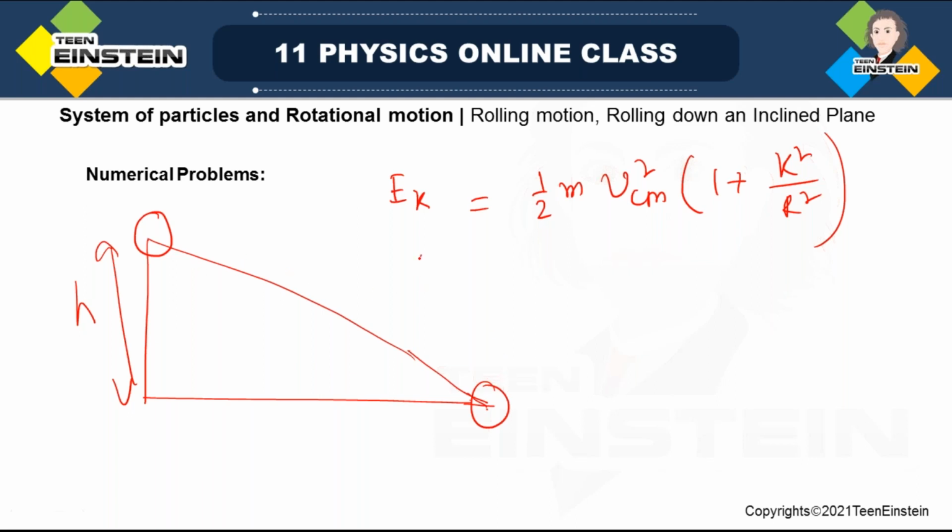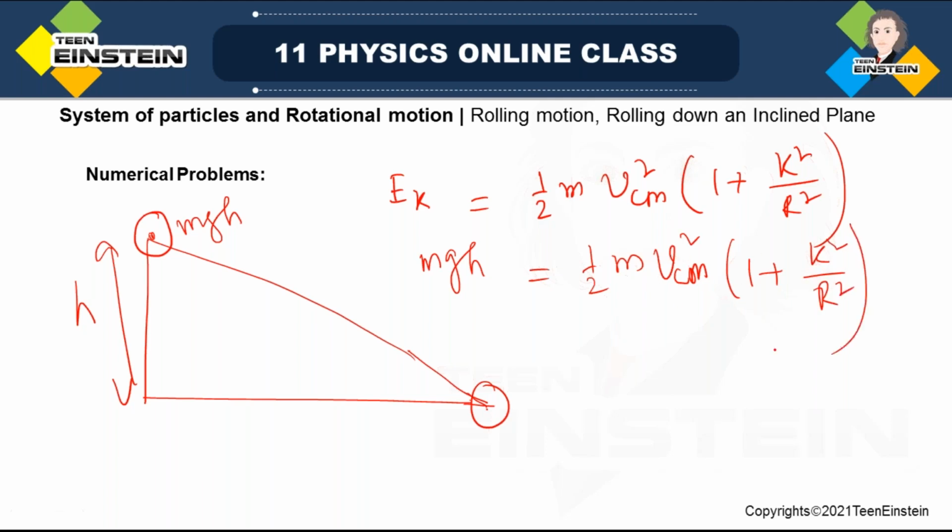We know the whole potential energy will be converted into kinetic energy when it reaches the ground. So the energy at the top is mgh, supposing this object has mass m. So mgh will be equal to half m VCM square into 1 plus k square by R square. I'm accustomed to writing VCM, so that's why it keeps happening. From here I can find out the velocity.